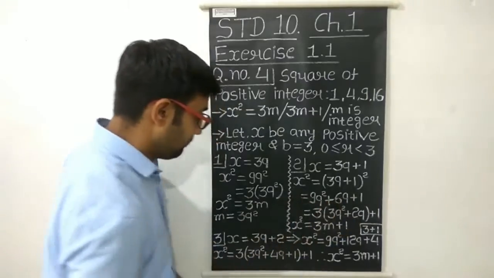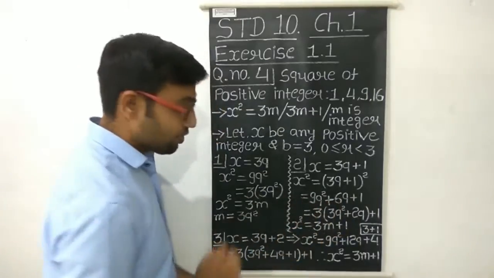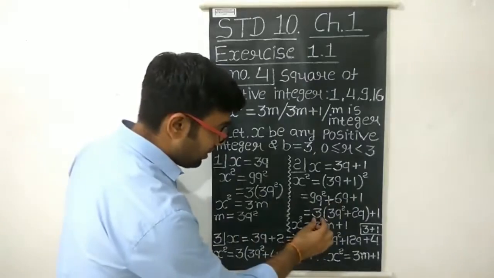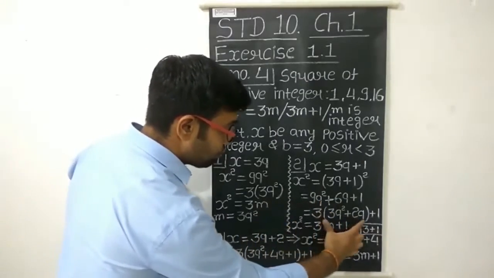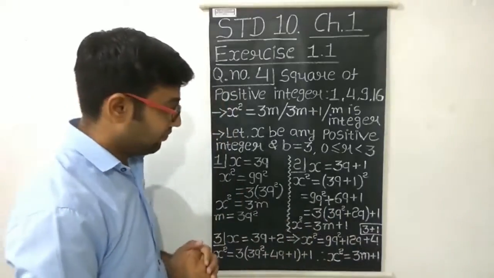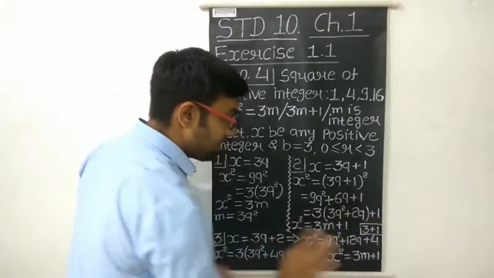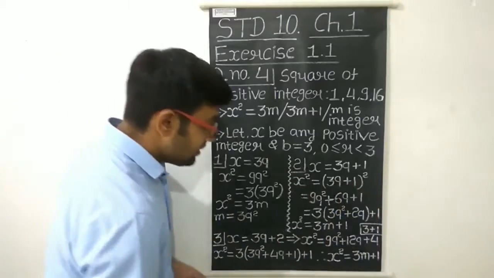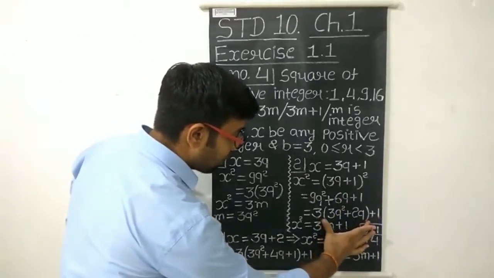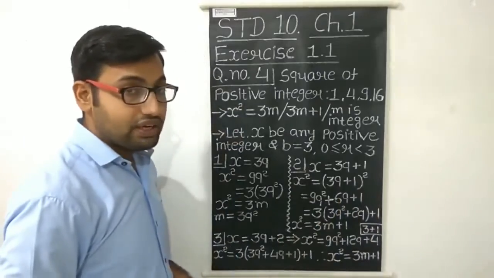Now notice these two terms. From these two terms we can take 3 as a common. Then what will remain in the bracket? If we take 3 as a common, 3q square plus 2q will remain. And this plus 1 remains as it is outside the bracket. So now instead of this 3q square plus 2q, what we will get?